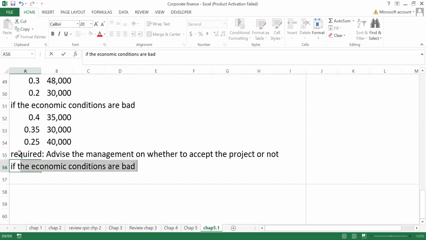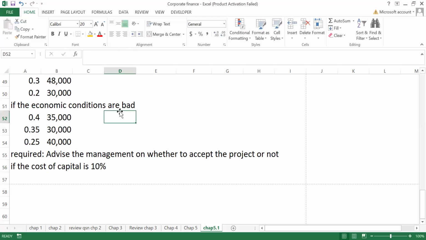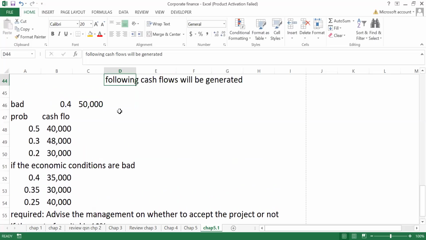If the cost of capital is 10%, let's assume that.